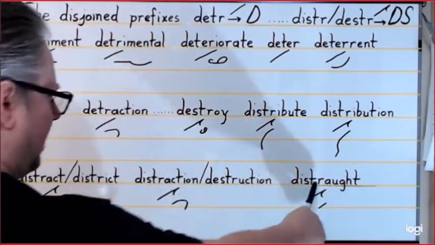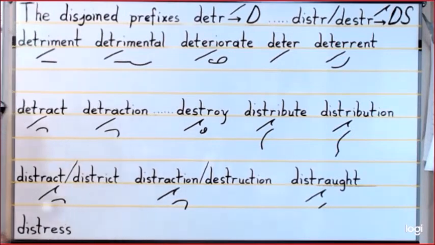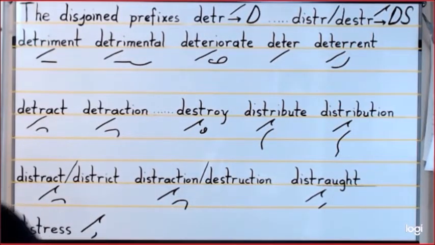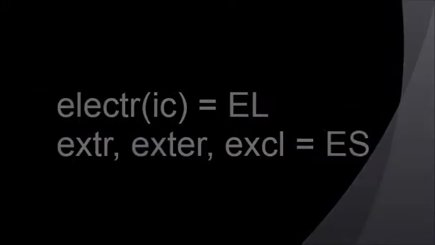For distraught, it is D, S, and then a T. And remember, the vowel in here is understood, so there's no need to write it. And then finally, for the word distress, it is a D above the line, S, and then a right S below it.